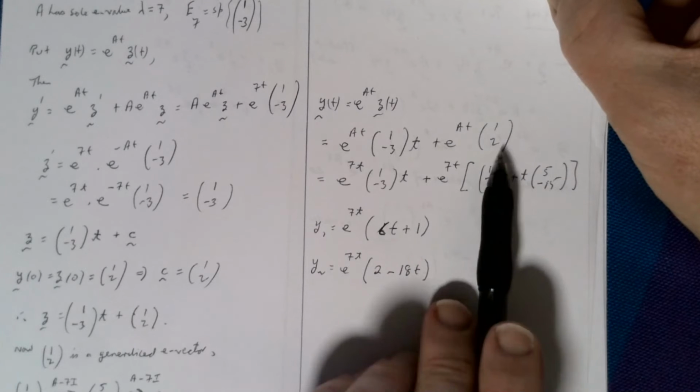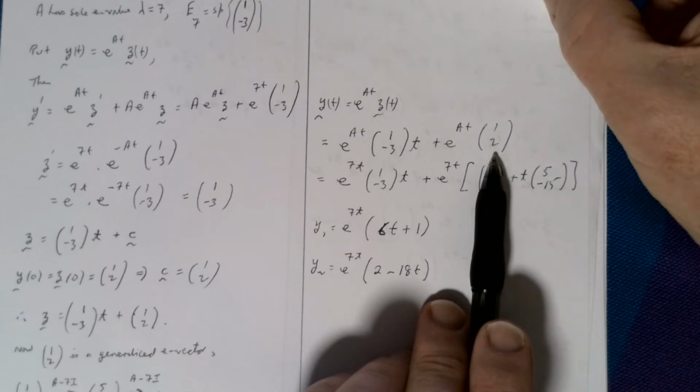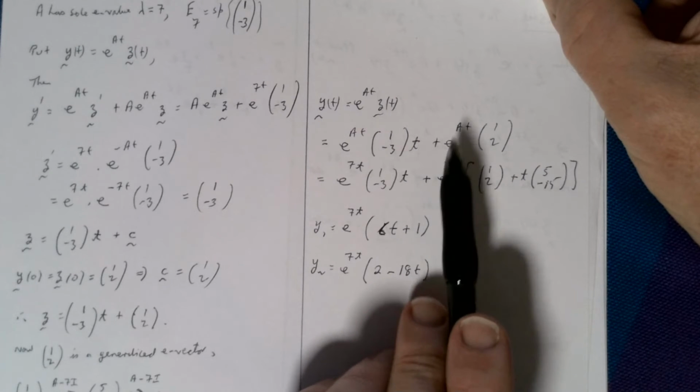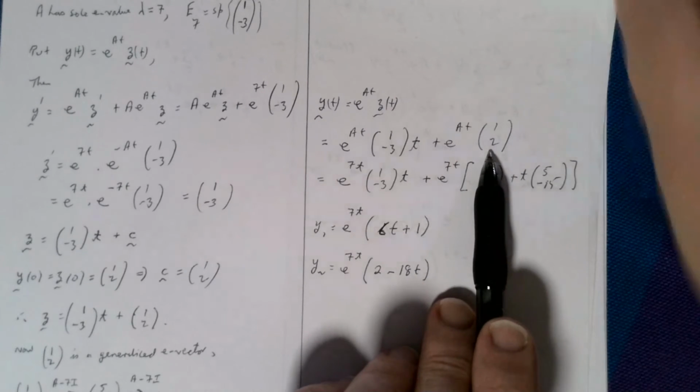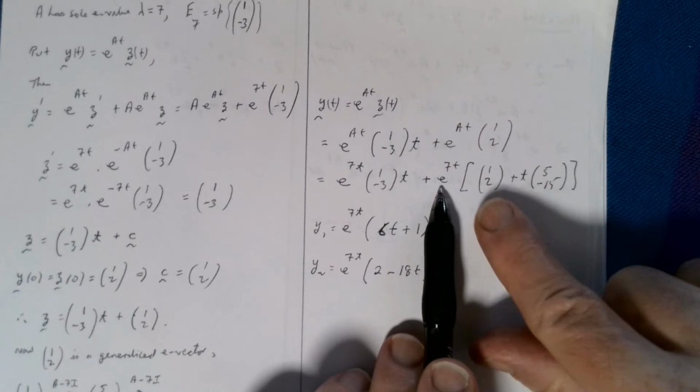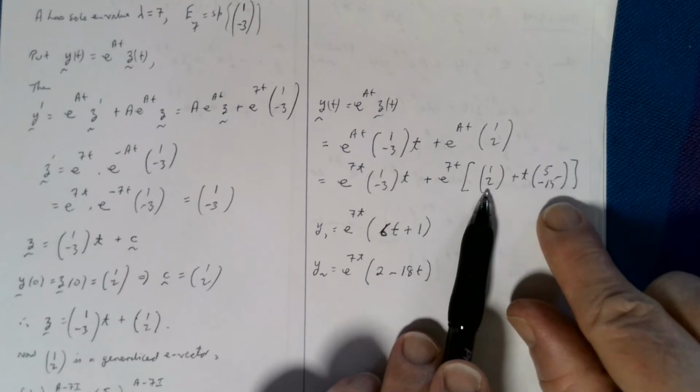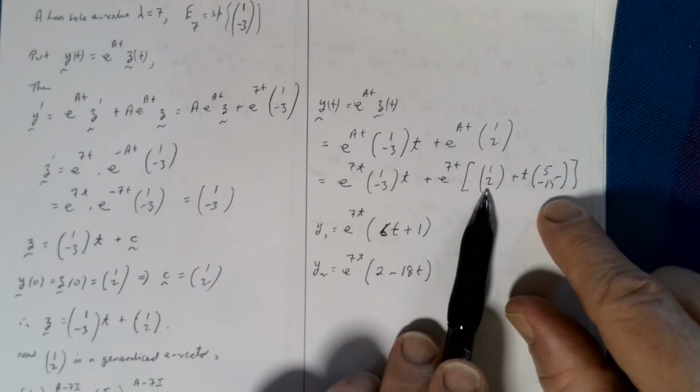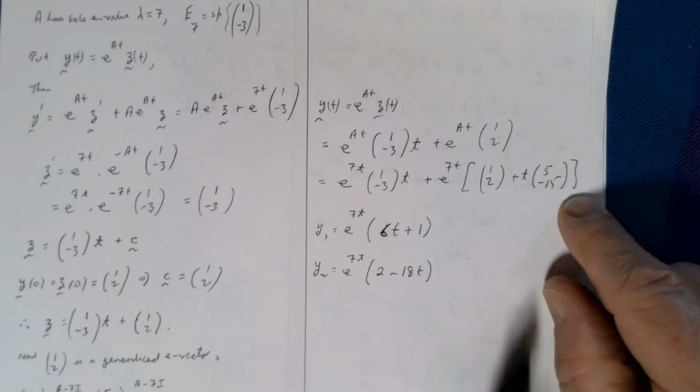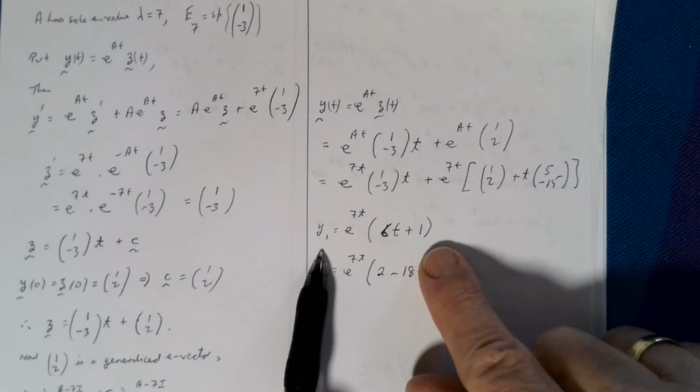And this was a generalized eigenvector, so we used the ideas from the previous chapter of what happens when you multiply e to the at times a generalized eigenvector. You get e to the lambda t, you get the eigenvector plus the next vector in the chain that we just got. Finally then, we can simplify this and read off what the solutions are.